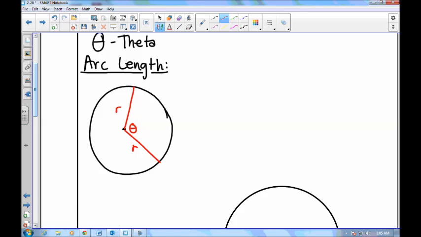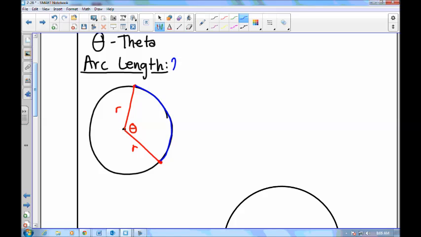These two radii create what's called an intersected arc from here to here. And the length of that intersected arc is the arc length.